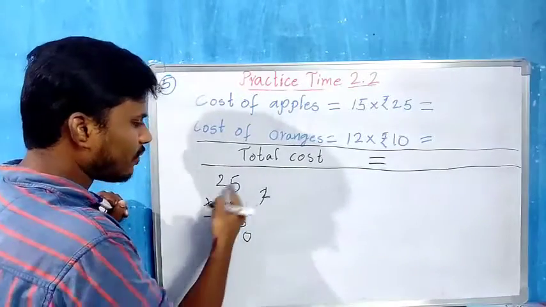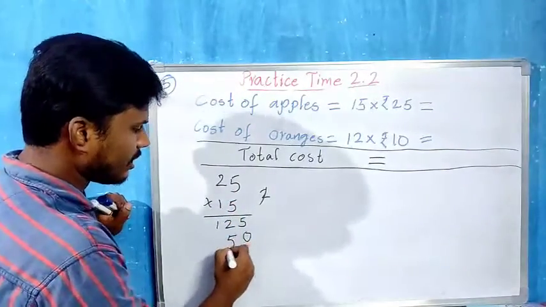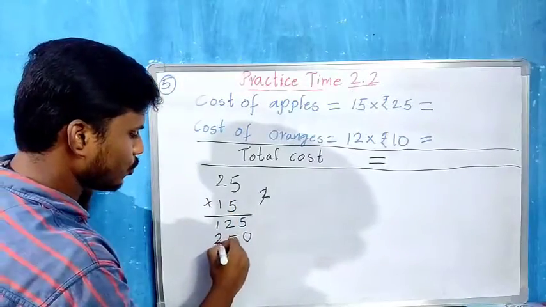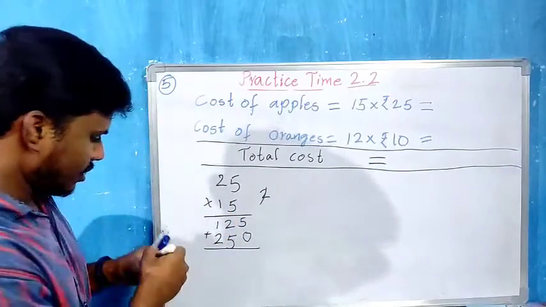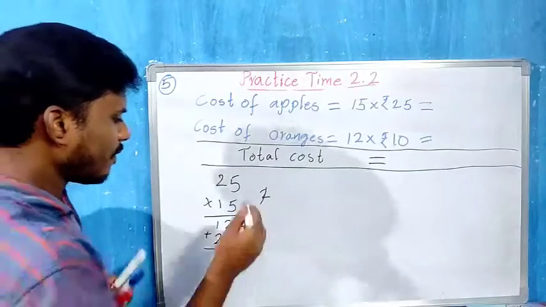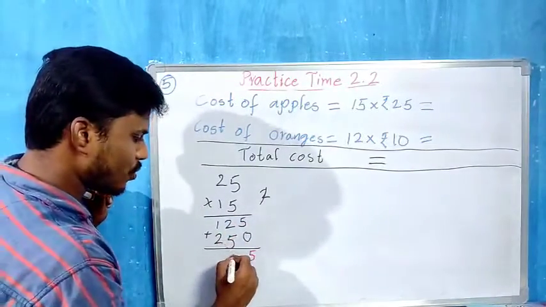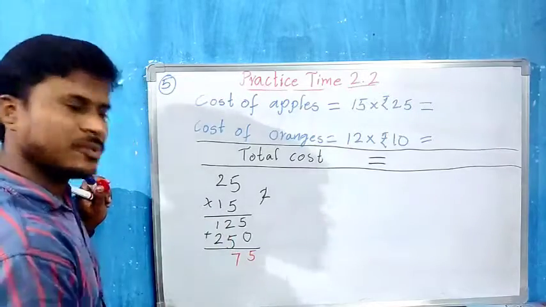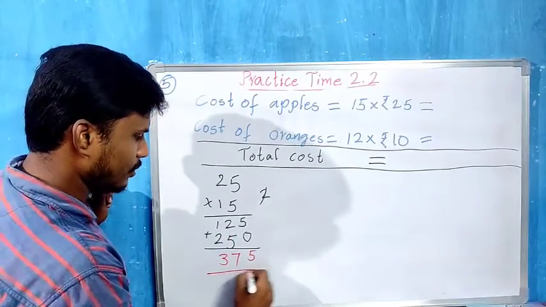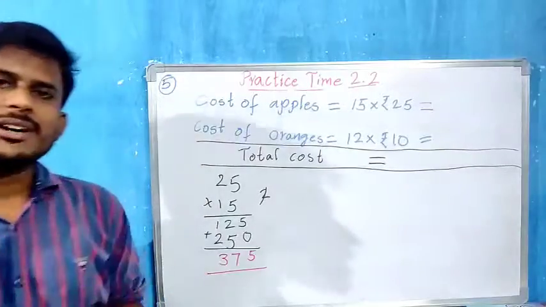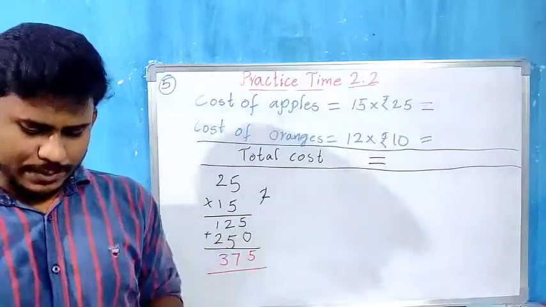So 0. 1 5 is 5, 1 2 is 2. When you add these two, children, you will get the answer as 5 plus 0, 5. 5 plus 2, 7. 2 plus 1, 3. So 375 rupees is the cost of apples, children.